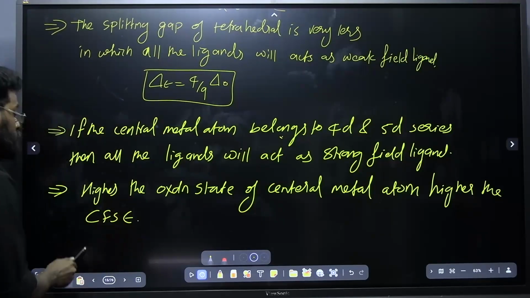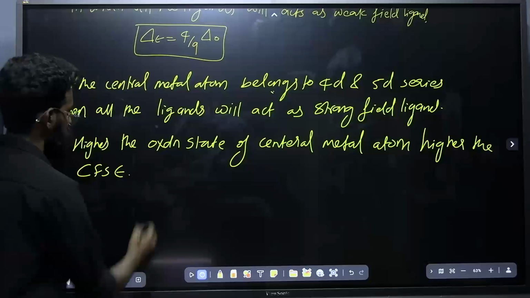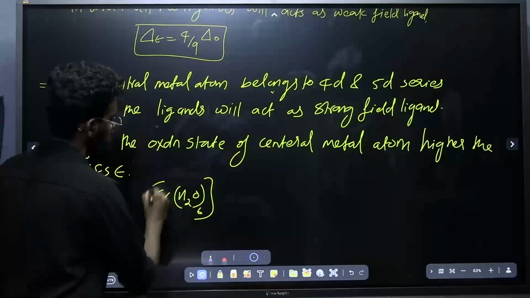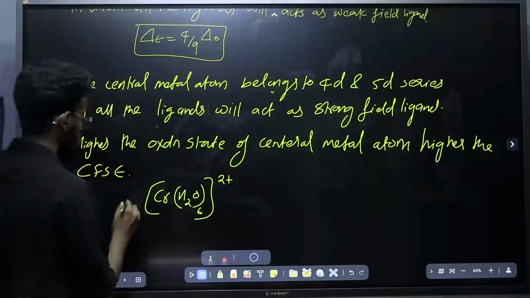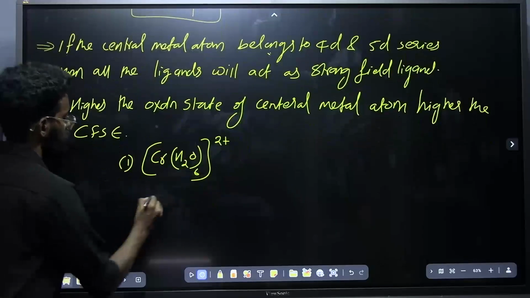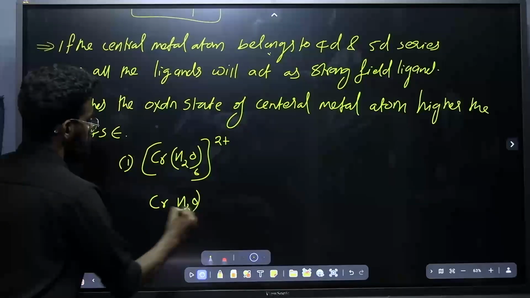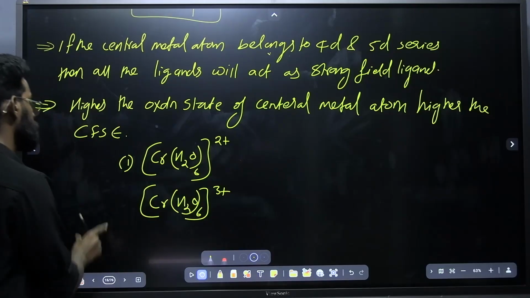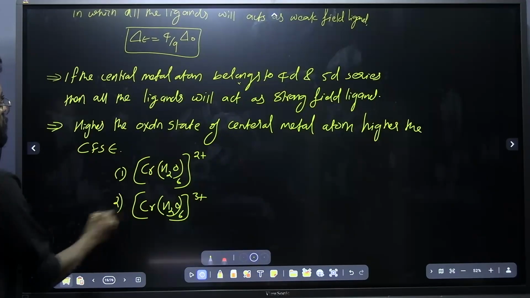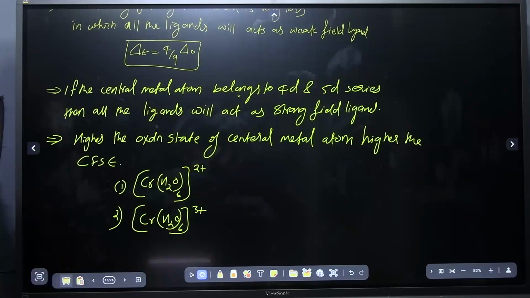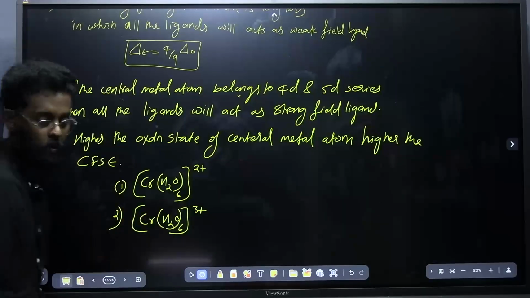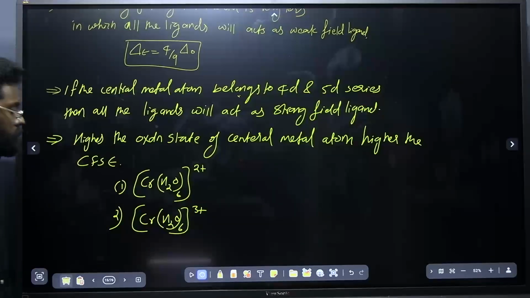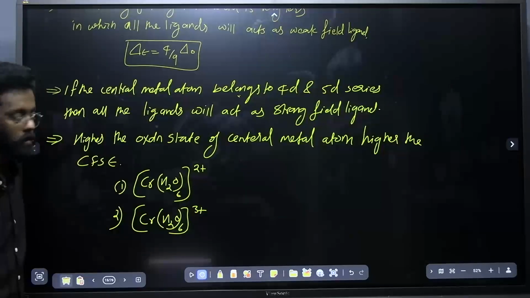If the central metal atom belongs to the higher oxidation state, for example I can give [Cr(H2O)6]2+ first compound and [Cr(H2O)6]3+. In this case which is having the highest CFSE? Both are having the same ligand. How we can compare the stability of both, which is more stable, Cr2+ or Cr3+?